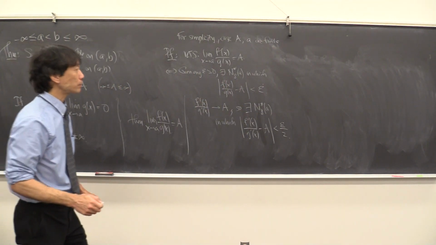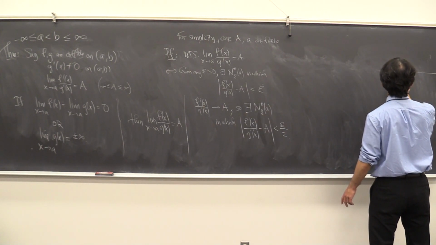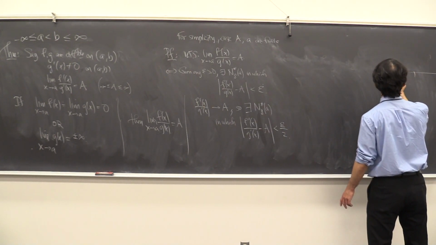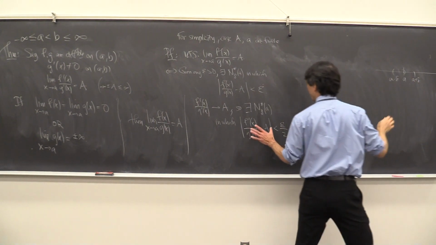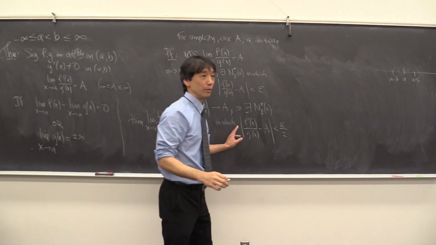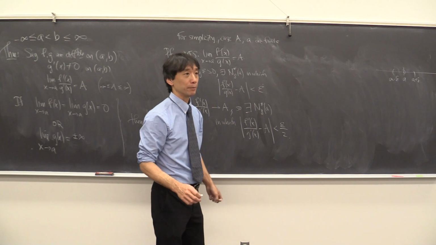So we know that in this punctured neighborhood, all of these quotients of the derivatives are close to A.